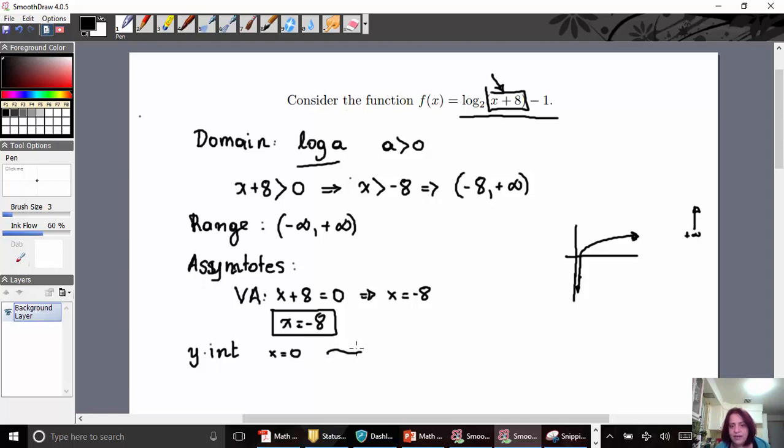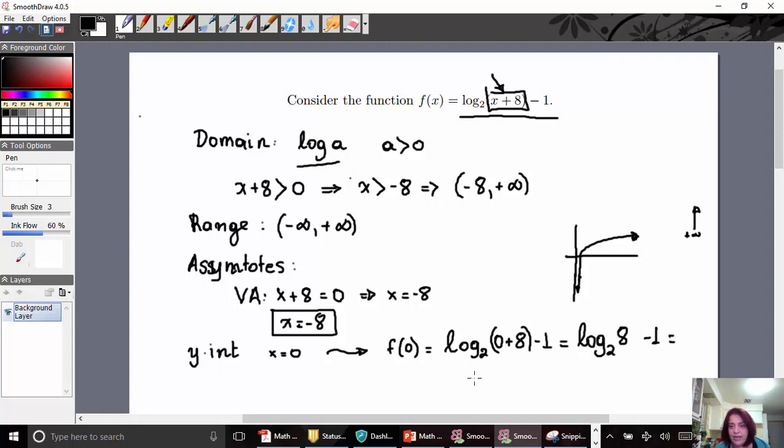So, in order to find that, what we need to do is consider f of 0. The f of 0 is going to be the log with base 2 of 0 plus 8 minus 1. And this is equal to the log with base 2 of 8 minus 1.